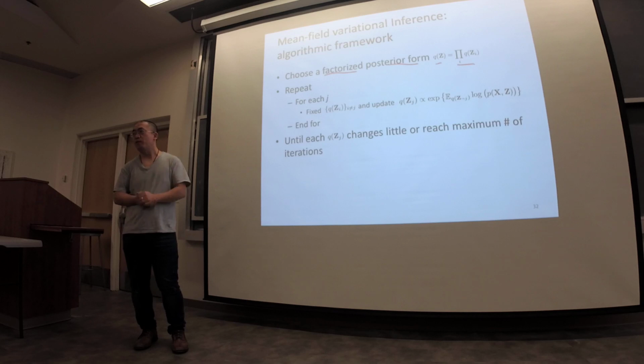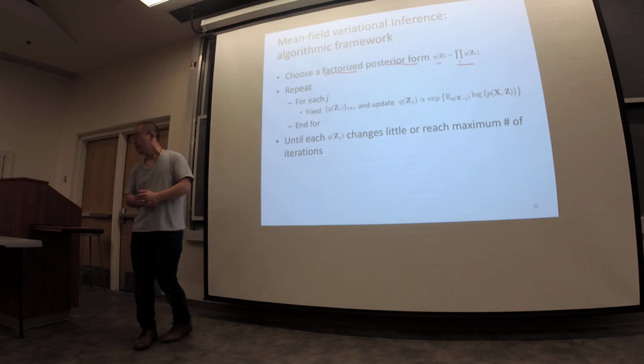That's some kind of benefit for mean field variational inference, but they won't guarantee second order moments or third order moments. But again, there's no right or wrong. You can choose whatever you want. Here, I just give you one commonly used example.